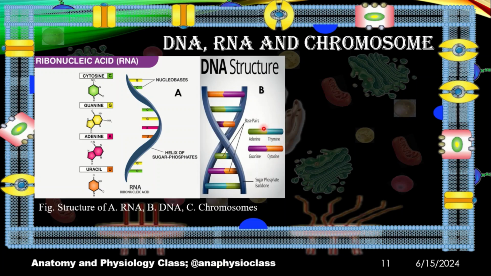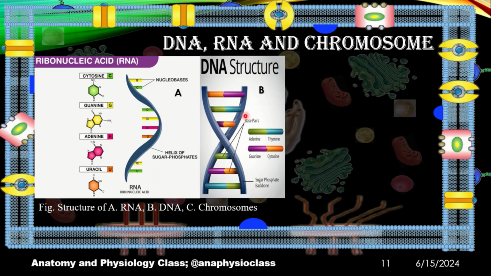So in the structure of DNA, we do not have uracil. We have thymine instead of uracil. These are the base pairs present within the structure of DNA, and they form the genetic code of each and every organism.